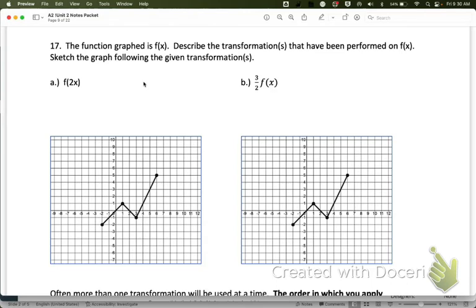Okay, this multiplier of 2 is on the inside, so this is going to be horizontal. A is equal to 1/2, so that means this is a shrink by 1/2. So what that means is that we multiply the x values by 1/2, keep the y's the same.